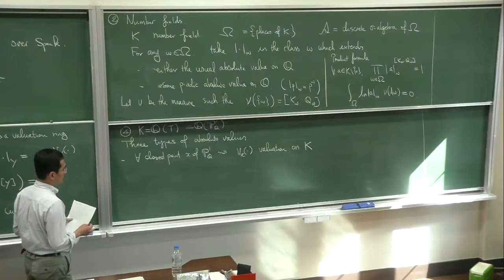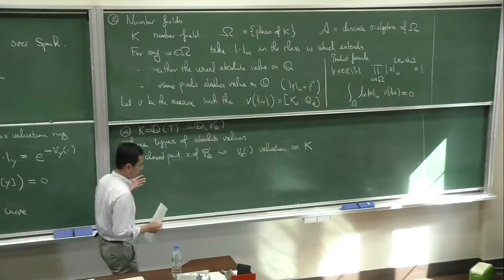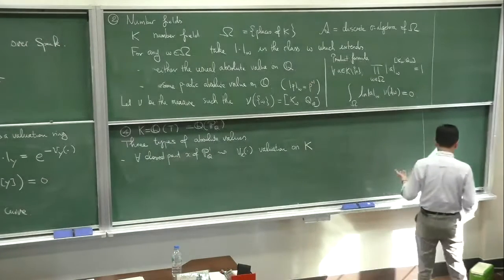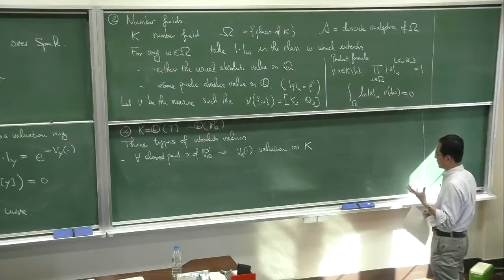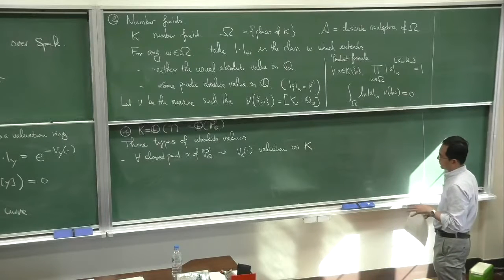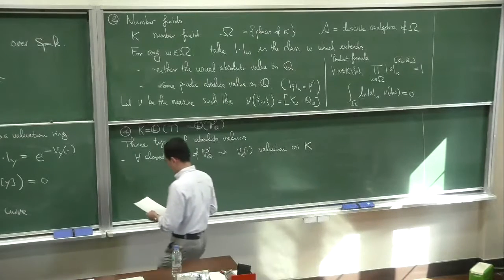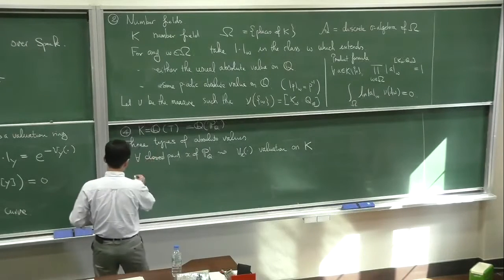Now I need to pick a representative of the absolute value in this class, which is not the usual one. So let me explain the construction.